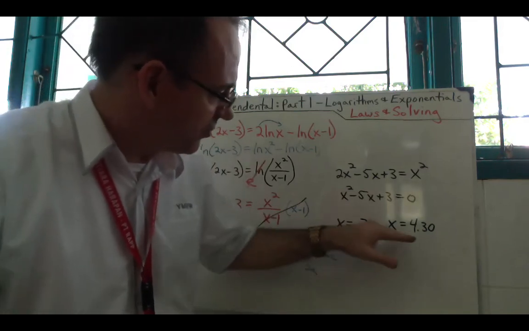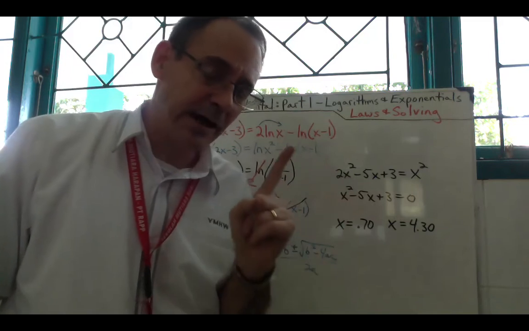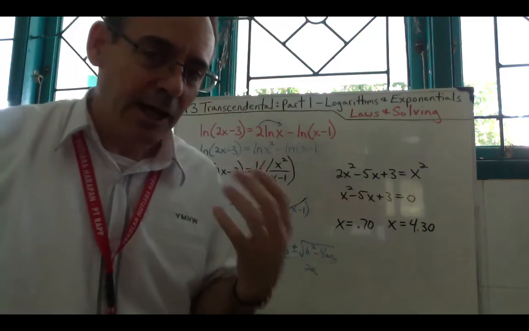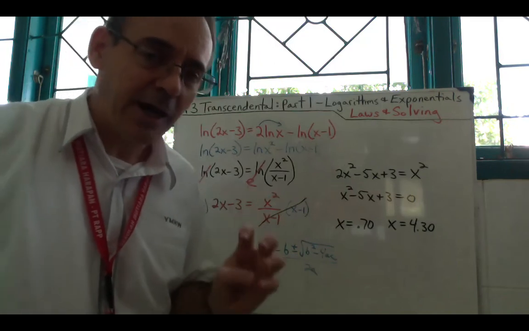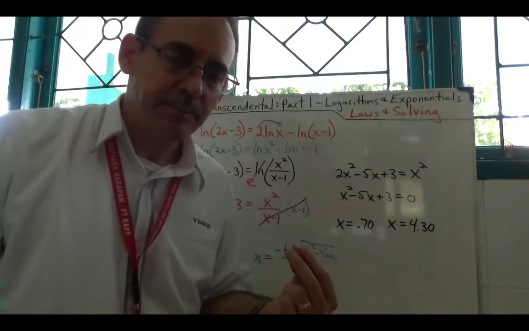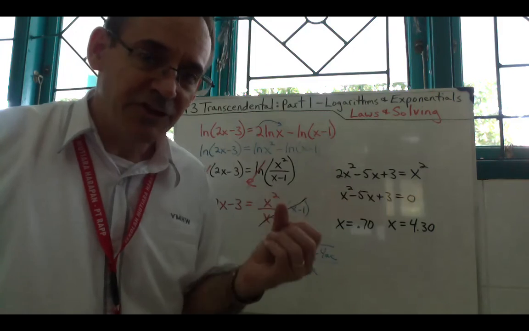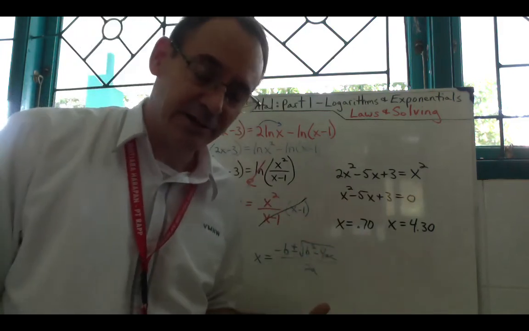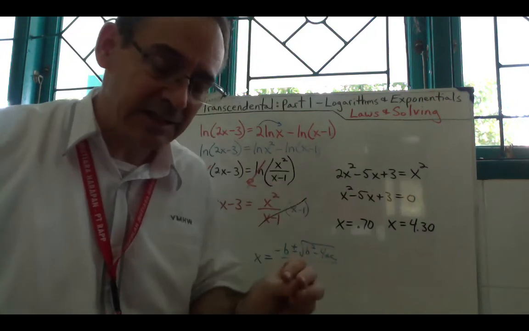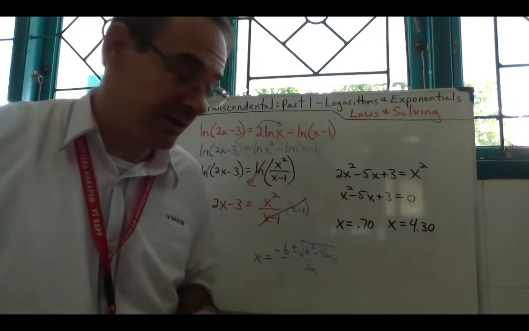So you get these two answers, but remember I said that logarithms, the arguments have a restriction. The argument cannot be 0 or negative. You say, well, both of these are positive values. It's not about the value of x, it's about the value of the argument.